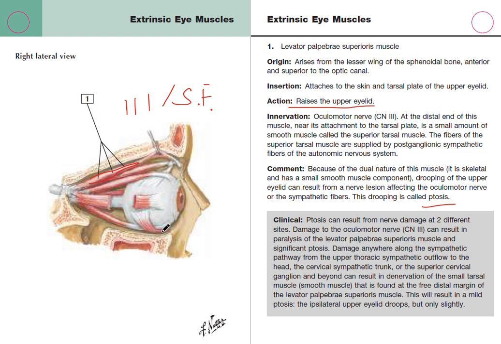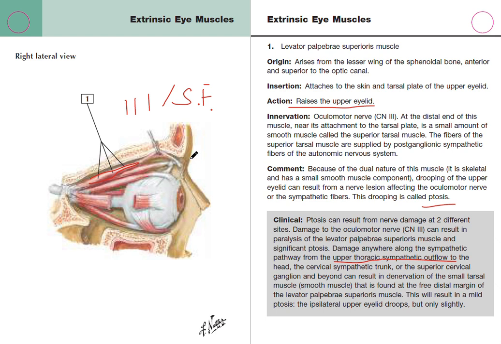Damage anywhere along the sympathetic pathway from the upper thoracic sympathetic outflow to the head, the cervical sympathetic trunk, or the superior cervical ganglion and beyond can result in denervation of the small tarsal muscle, the smooth muscle that is found at the free distal edge of the levator palpebrae superioris.